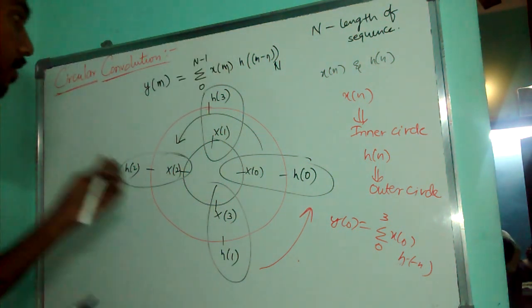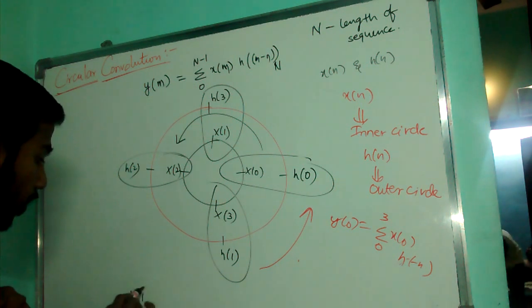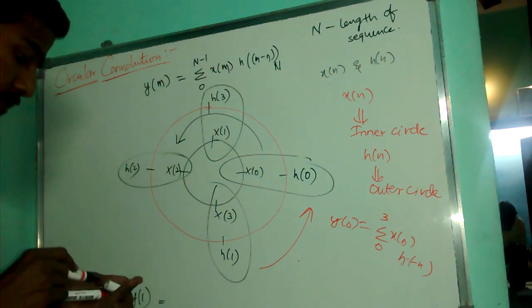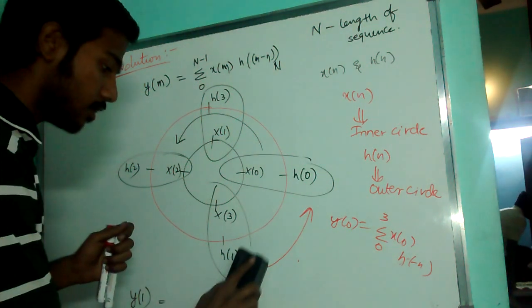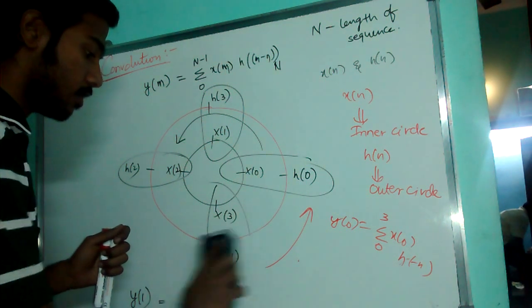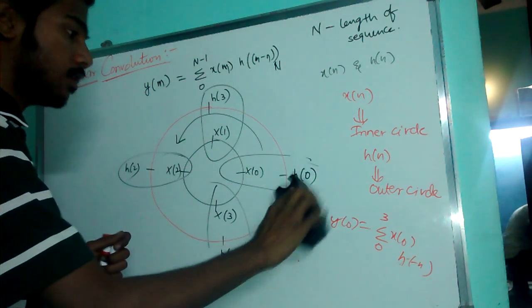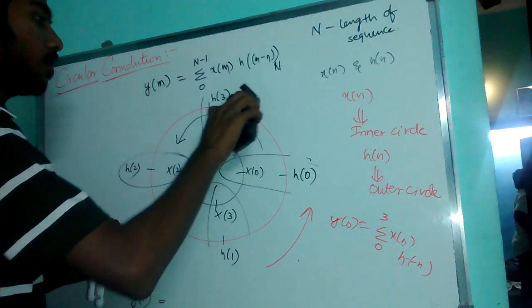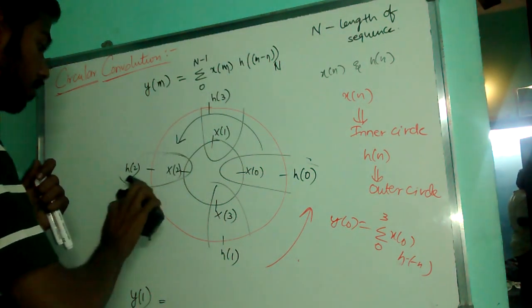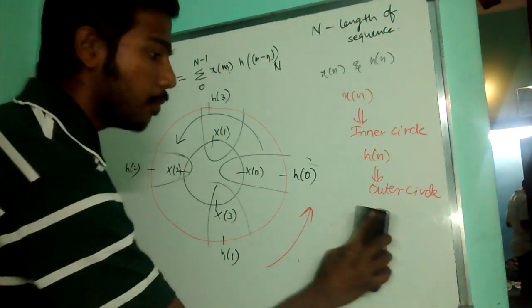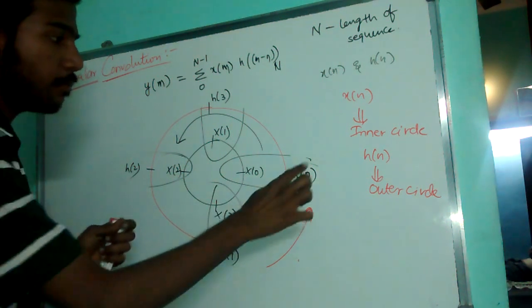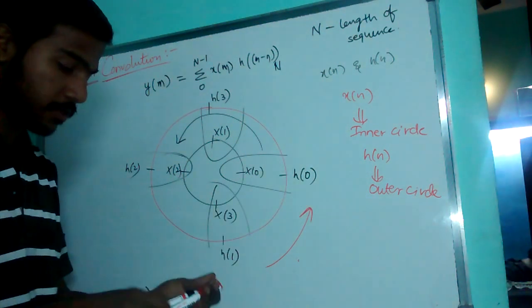Suppose I want y of 1. What you do is maintain the same circles, don't change them.